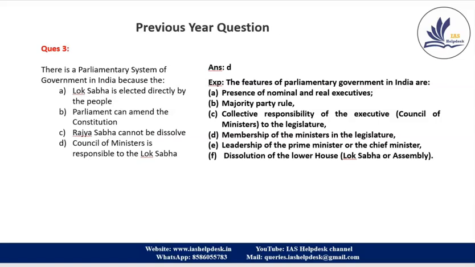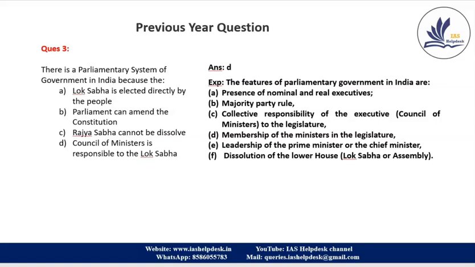If I give you the explanation first, the features of parliamentary form of government, we read about the presence of nominal and real executives. Nominal और real कहने का मतलब है कि head of the state or head of the government. Head of the state we studied is president, and head of the government is prime minister. Also the next feature we studied is the majority party rule. Then we have collective responsibility of the executive, where the whole council of ministers is responsible for forming the government.